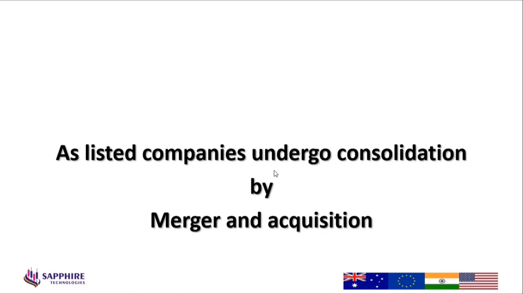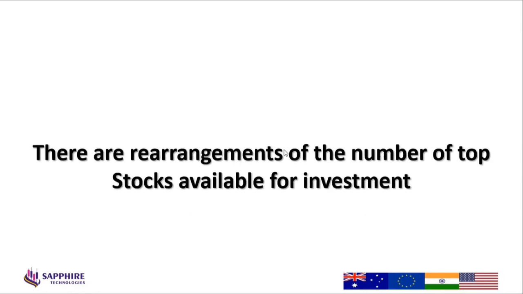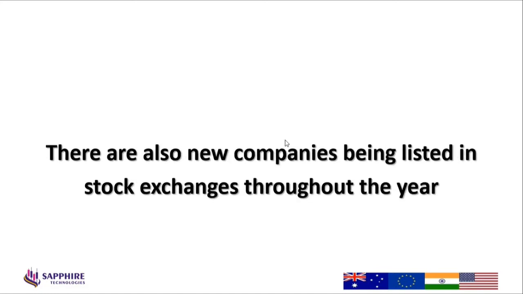For example, one company buys another, one company merges with another, and that keeps on happening in all the stock markets around the world. As it happens, the number of top stocks available for investment also changes. And at the same time, new companies are being listed, as you hear about IPOs being launched for many companies.